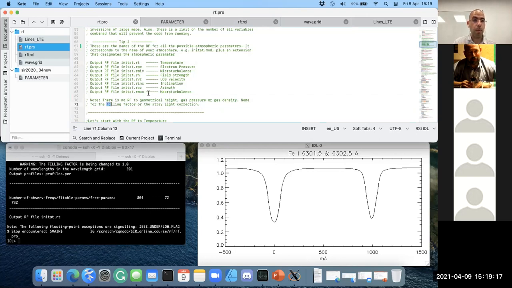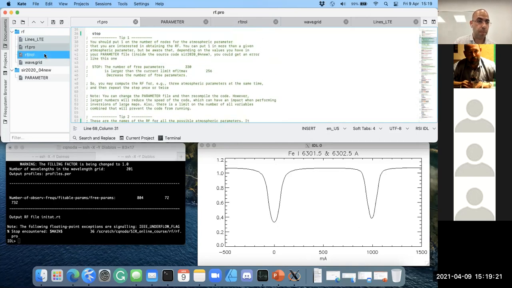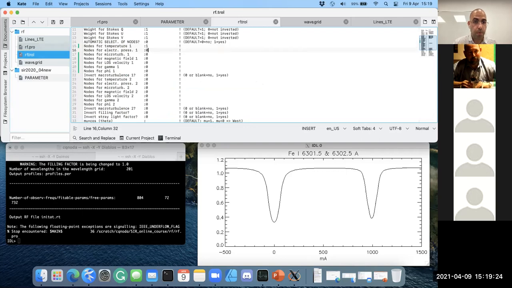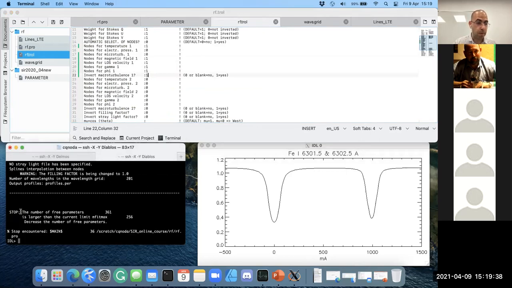Okay, so then there's a warning here. Just let me briefly show it to you. So imagine that you said, okay, I want to have all the response functions: velocity, inclination, azimuth, microturbulence. If you run it with the current configuration, it will crash, and it will say that there's a number of parameters, in this case a combination of optical depth and wavelength, that is larger than the current limit of mfit max, that is this one.